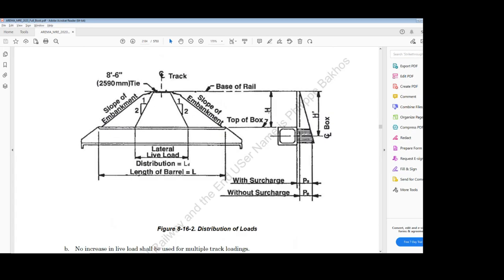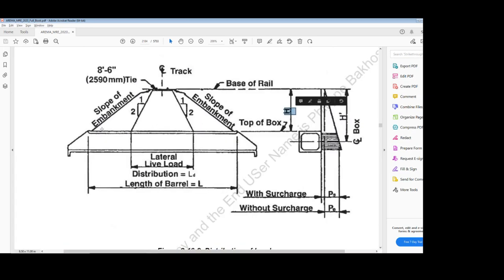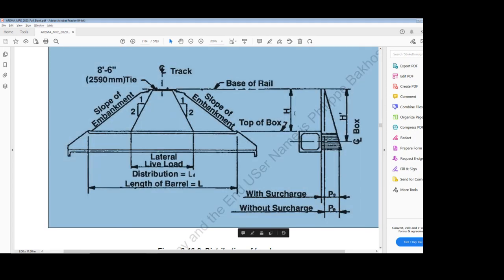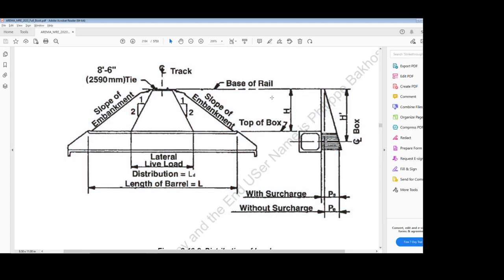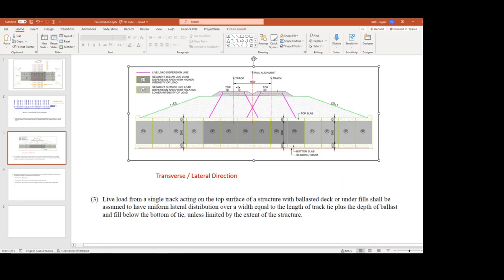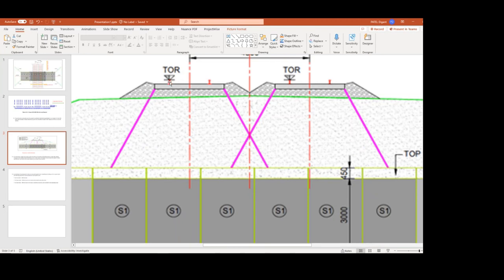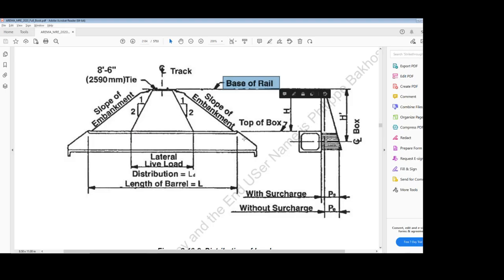This is the transverse cross section of a structure, what I have shown in your PPT. h is nothing but the distance from the base of rail, if you see here, this is the rail, to the top of the box. This is defined as h.